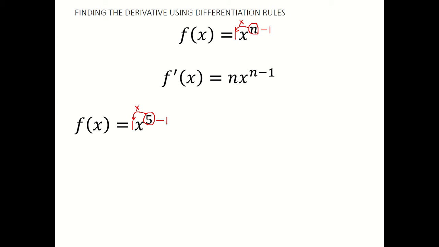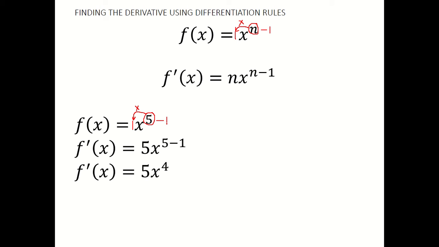The derivative of a constant is simply 0. So any term that doesn't have the variable which we are differentiating with respect to, you consider that to be a constant. Now in this case, this is what you will get, which is 5x to the exponent 4.